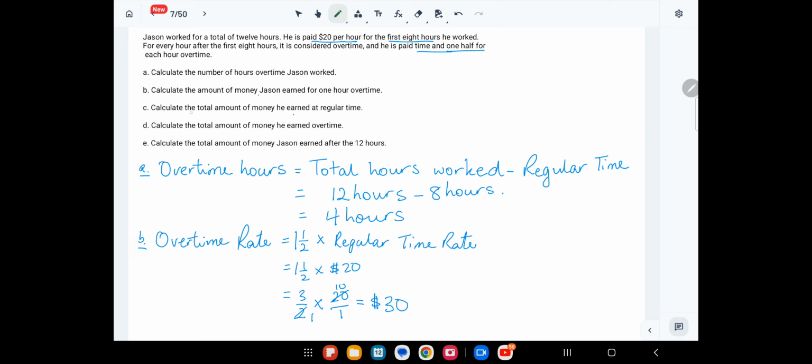Question C says, calculate the total amount of money he earned in regular time. So to calculate the total that he earned in regular time, the total regular time amount would be the regular time, which is in hours, multiplied by the regular time rate, which is in dollars.